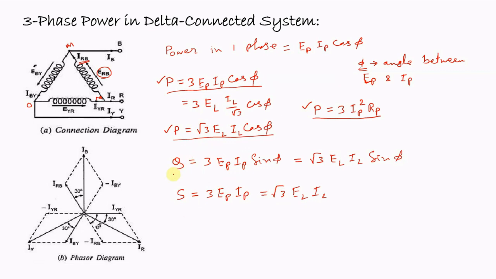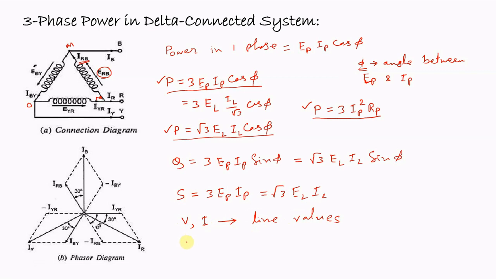For numericals, as we have already mentioned, the voltage and the current given in the question are always considered as the line values.